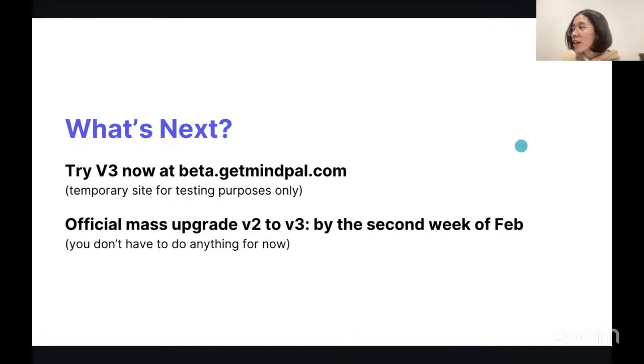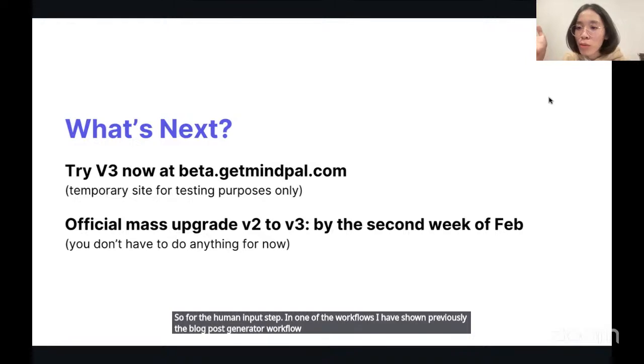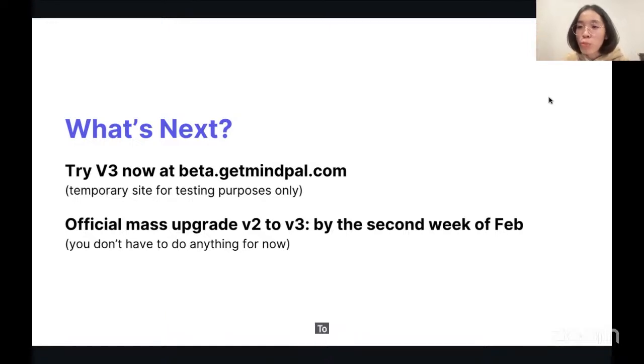Yeah, so if I understand this question correctly, for the human input step, in one of the workflows I have shown previously, the blog post generator workflow, we have a step to brainstorm the blog post ideas, and then we have a human step to select one blog post idea to proceed.